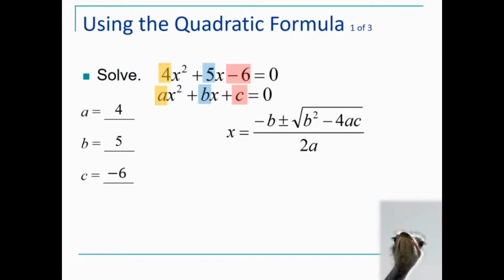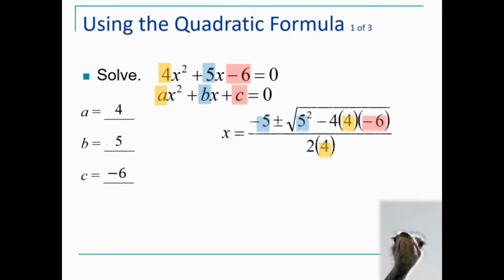Replacing these values for the variables in the quadratic formula, we now have the opposite of b, -b, plus or minus the square root of b, which is 5 squared, minus 4, times a, which is 4, times c, which is -6, all over 2a, and a is 4.